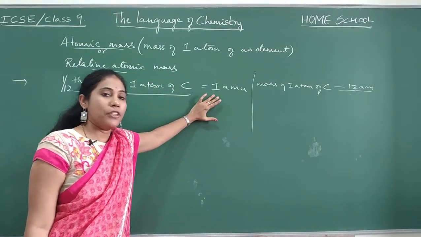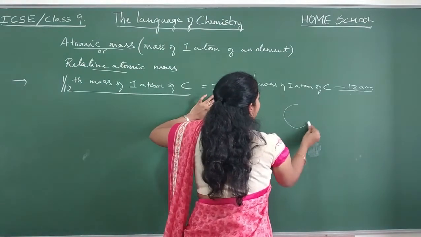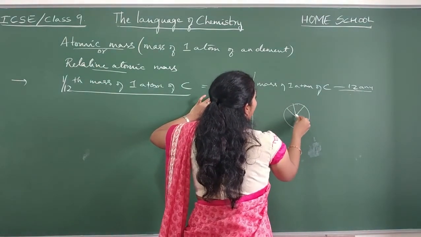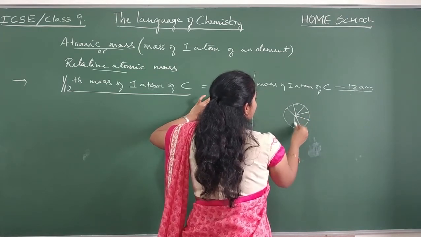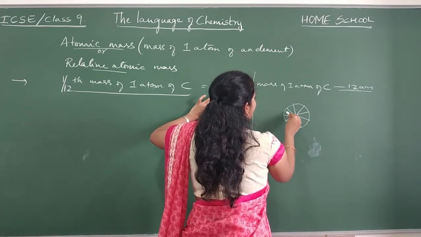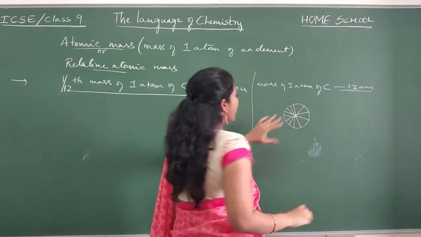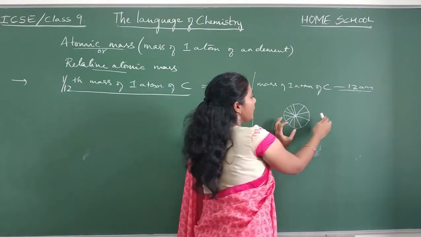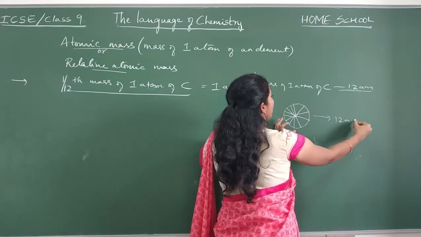Say for example this is one atom of carbon. Divide it into 12 parts: 1, 2, 3, 4, 5, 6, 7, 8, 9, 10, 11, 12. All parts together will weigh around 12 AMU, guys.